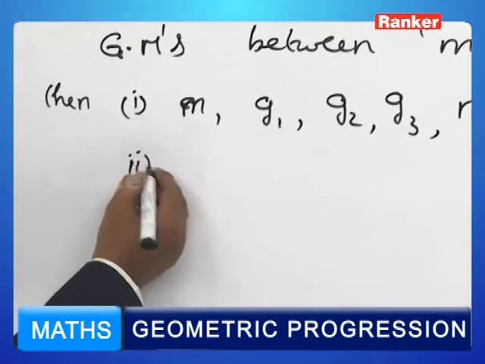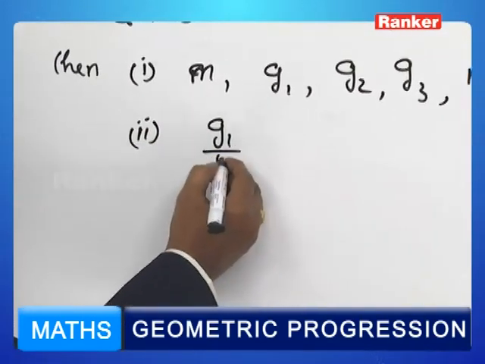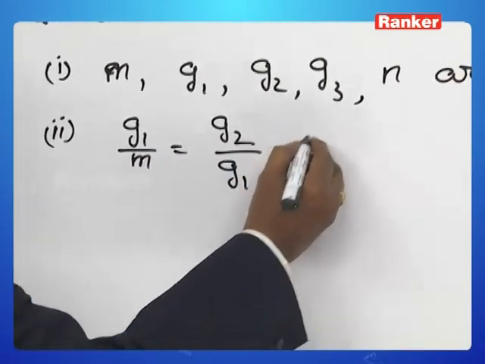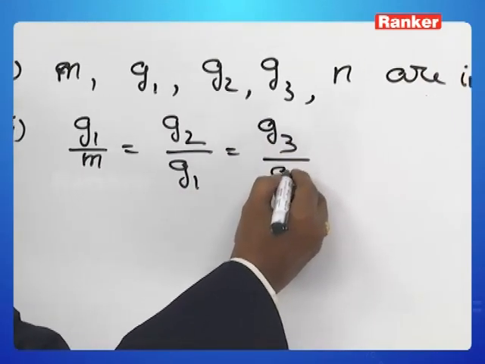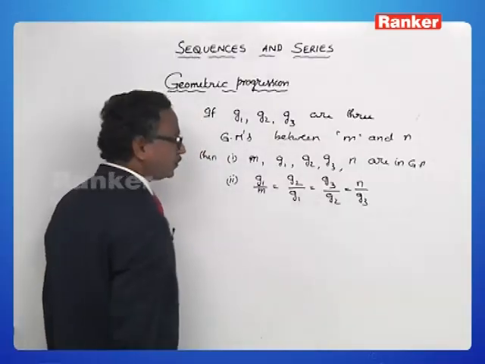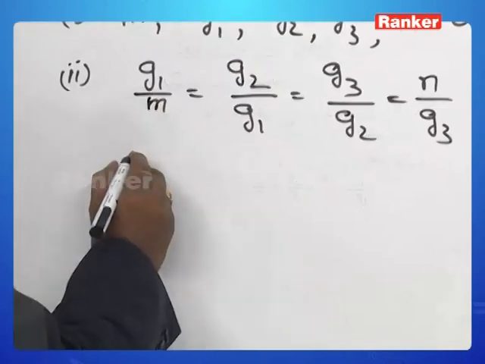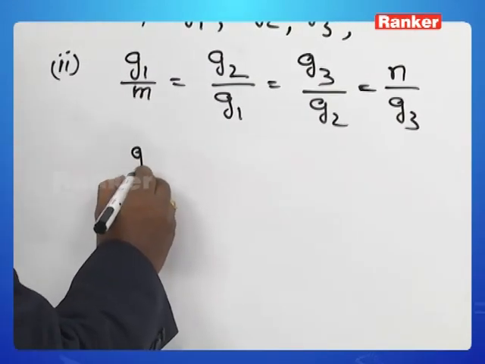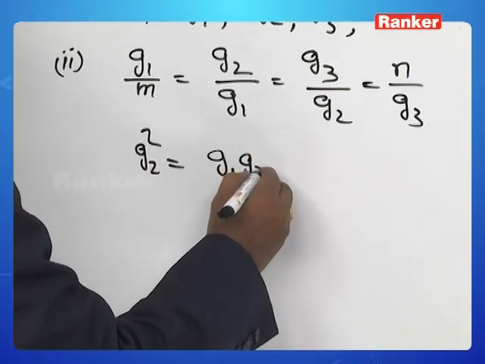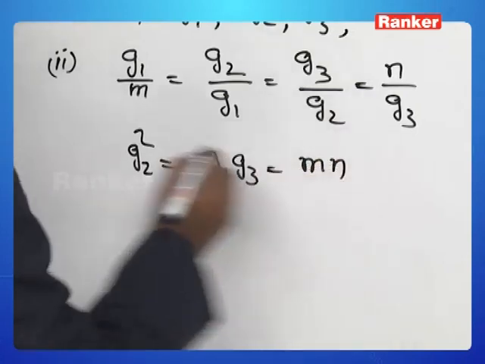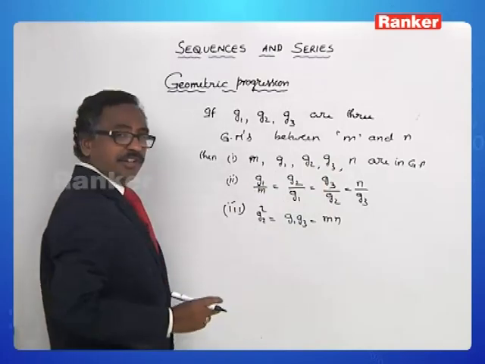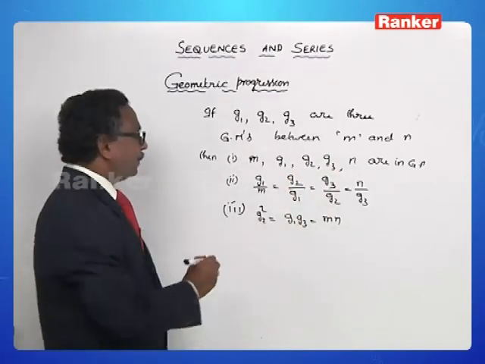And one more condition we can write is G1 by M is equal to G2 by G1 is equal to G3 by G2 is equal to N by G3. So we can write this as G2 square is equal to G1 G3 is equal to MN. This is also a condition when there are three geometric means between the numbers M and N.